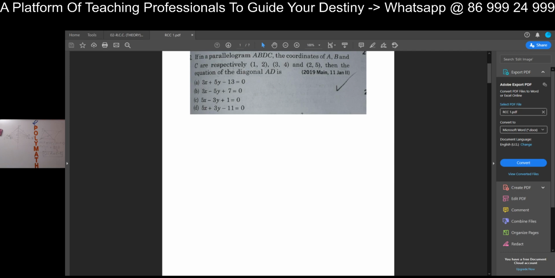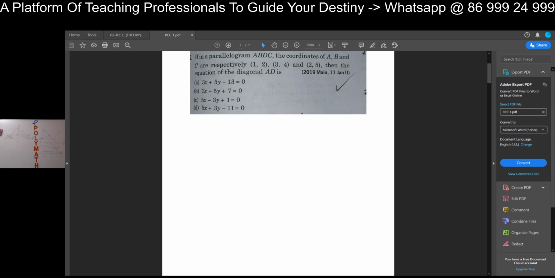Not only that, you will have a unique answer now because A and the midpoint both must satisfy the equation. If you substitute 1, 2 now, first one not satisfied. Second one, 3 minus 10 satisfied.